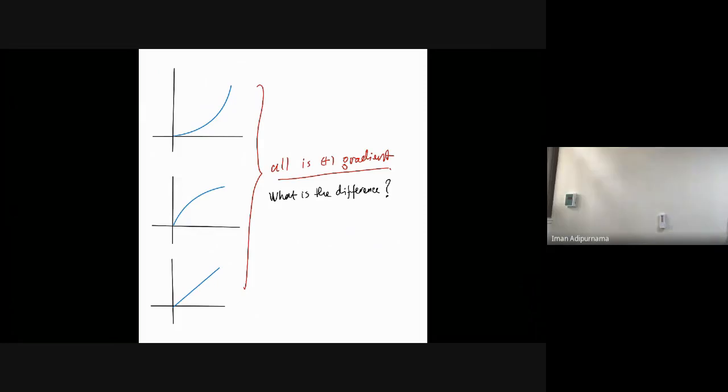If I draw the full line or the full functions, maybe this one is going here, maybe this one going to the left, right? You see, one is facing down, one is facing up. Okay.